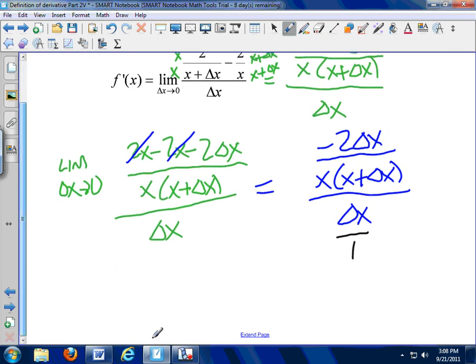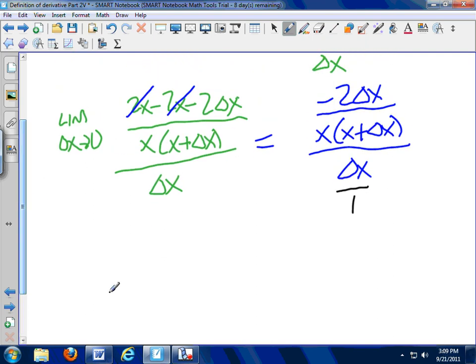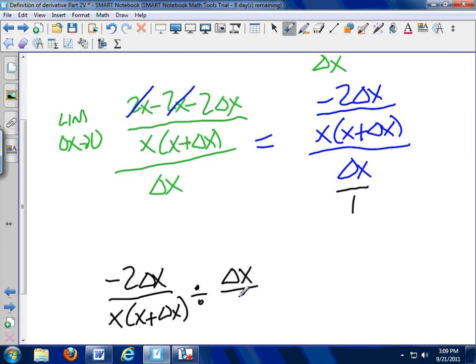So I end up with a fraction divided by a fraction, so I'm going to rewrite that as such: negative 2x times x plus delta x divided by delta x over 1. Still, I want the limit as delta x approaches 0. Still going to be a problem, so let's go one more time.